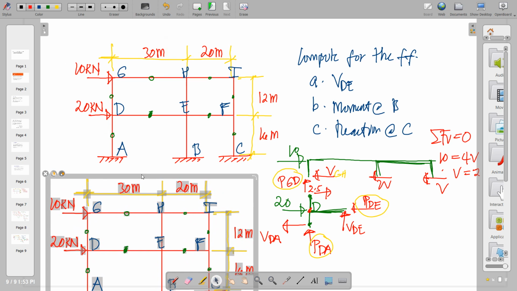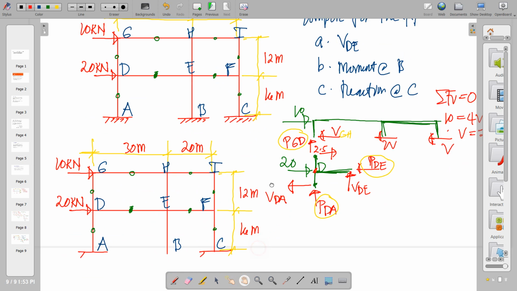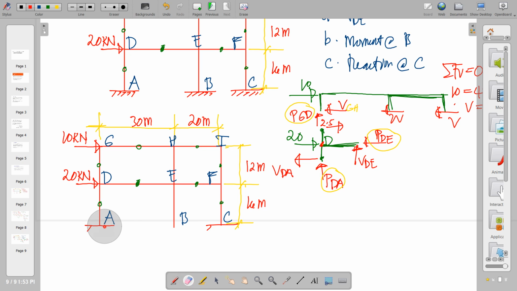Okay, let us place it here and just erase this portion.